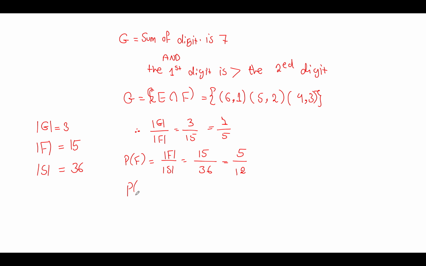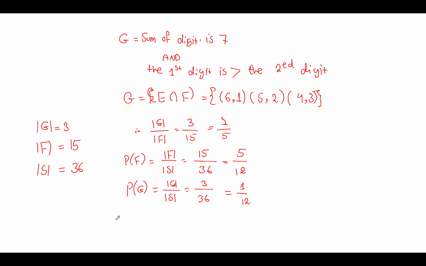The probability of G is equal to the number of elements in G over the number of elements in S, which is 3 over 36, and here we got 1 over 12.